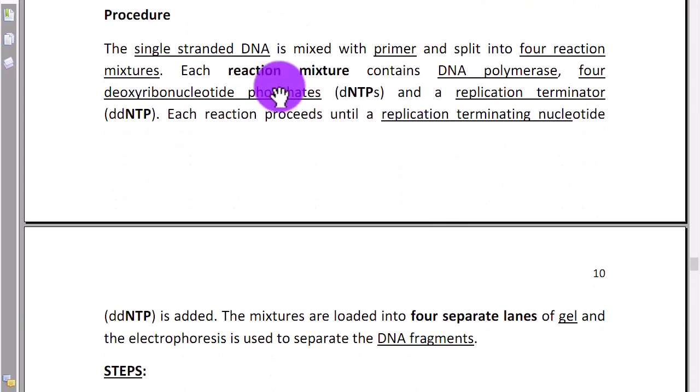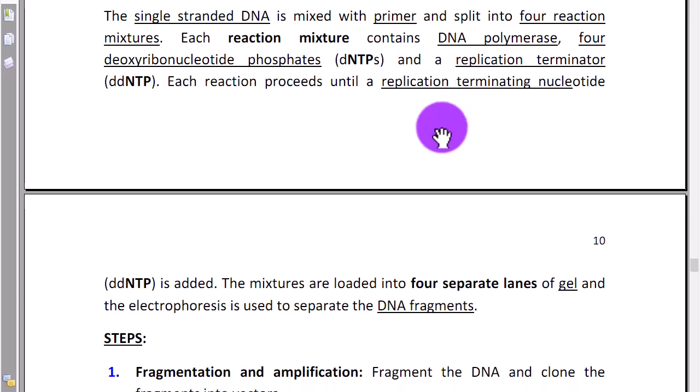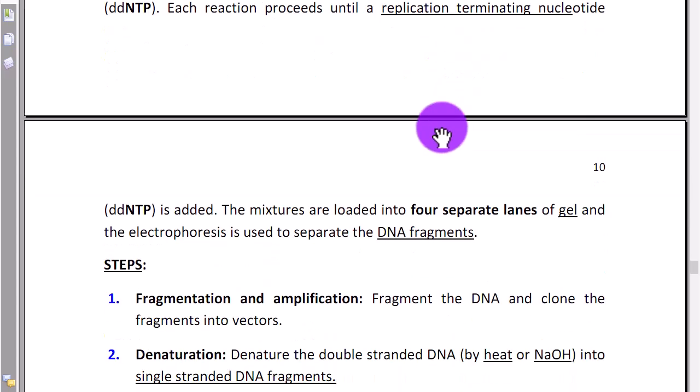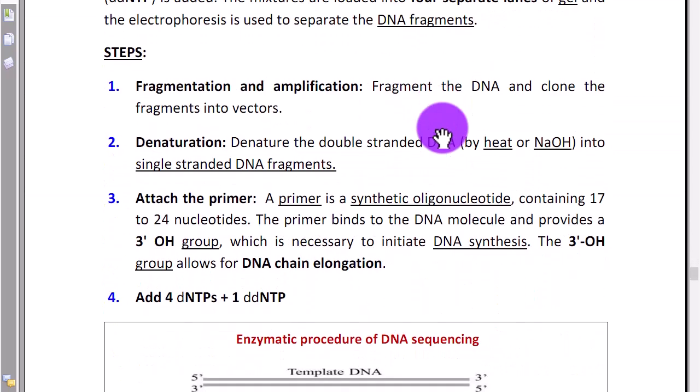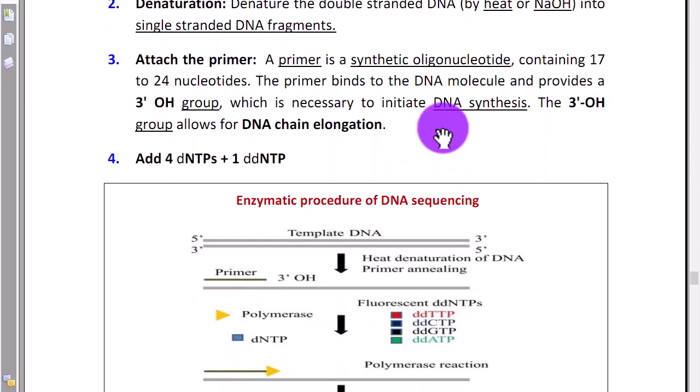Procedure: the single-stranded DNA is mixed with primer and split into four reaction mixtures. Each reaction mixture contains DNA polymerase, four deoxyribonucleotide triphosphates, and a replication terminator, ddNTP. Each reaction proceeds until a replication-terminating nucleotide is incorporated. Fragmentation and amplification, denaturation, attached to primer.